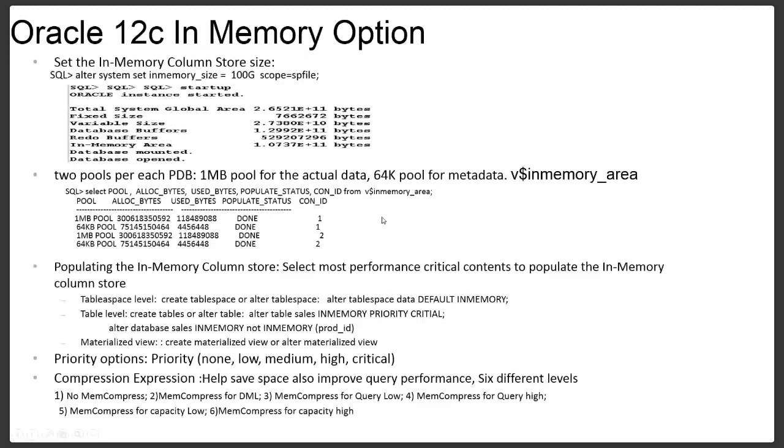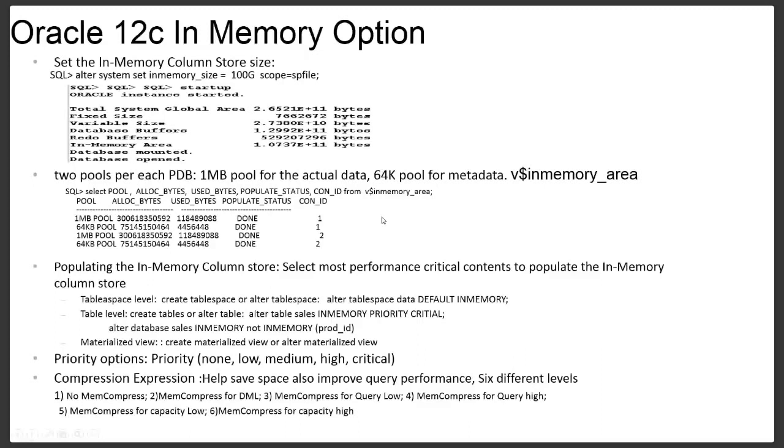So once you allocate the in-memory area, you can start thinking about how to load your database objects, such as tables, into the column store. There are a couple of ways to do that. You can set it directly at the table level, specifying which table needs to be loaded into the in-memory. You can also set it at the tablespace level, which means that if you set this at the tablespace level, all the tables in this tablespace will be loaded into in-memory.